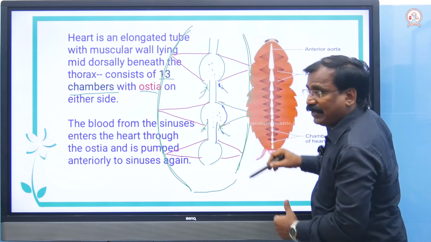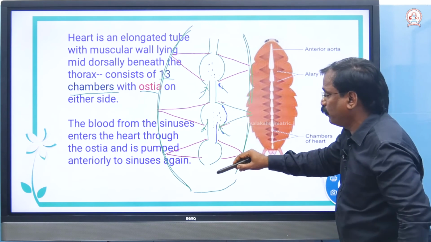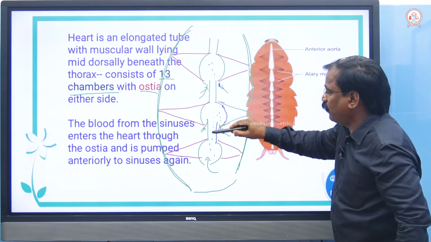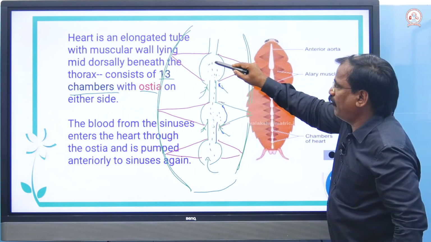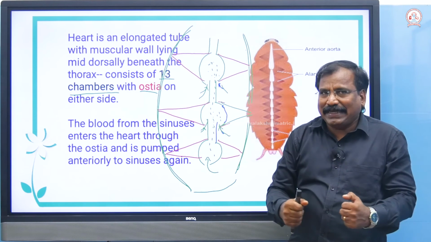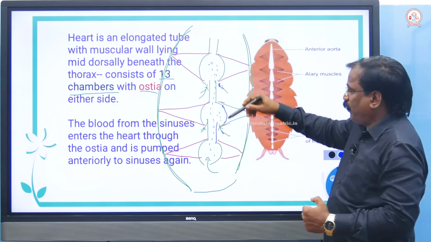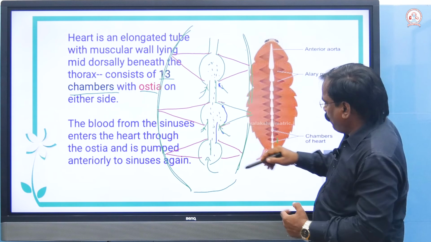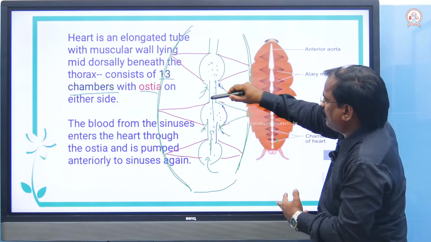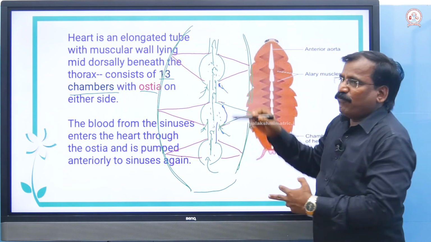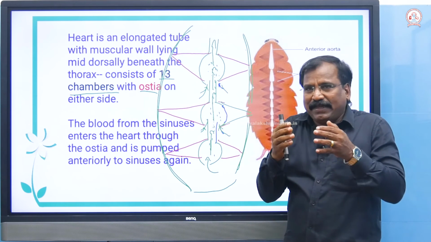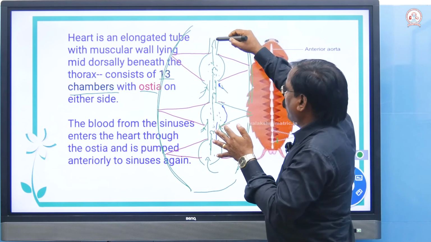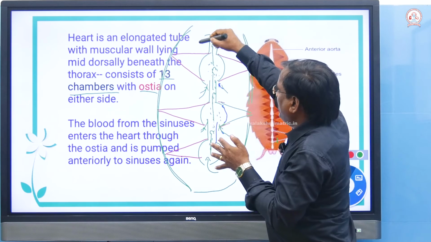Okay, from the hemocoel blood enters into the tubular heart. Then contract ஆகறப்ப என்ன பண்ணும், backwardல இருந்து அப்படியே that blood moves to the forward. Okay, and the anterior போயிட்டு என்ன பண்ணும், that flows into the sinuses.